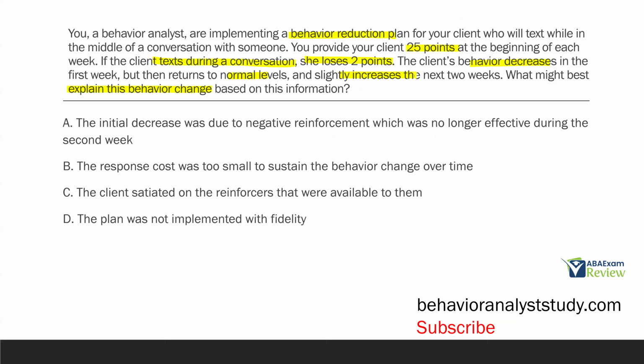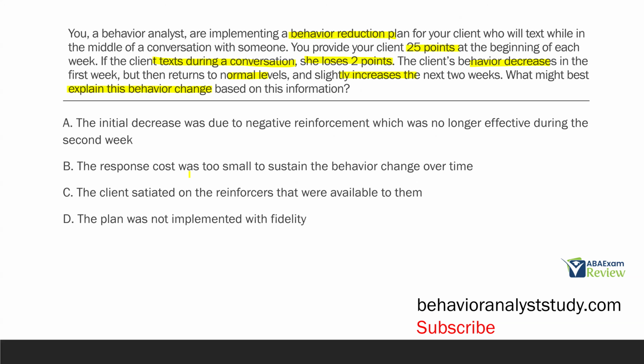Why did that behavior decrease at first and then just go back to normal? What's a possible explanation? A, the initial decrease was due to negative reinforcement, which was no longer effective during the second week. Well, A can't be right no matter what because reinforcement never causes behavior to decrease. So A should be eliminated immediately.